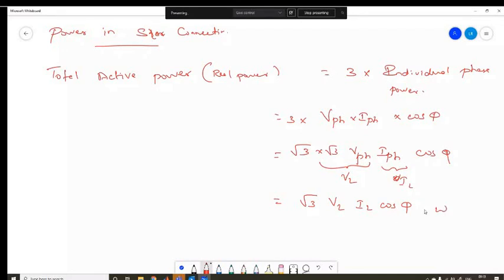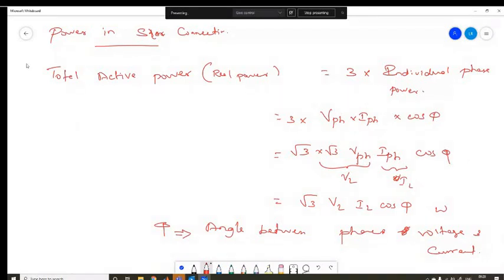So if you want to write it in kilowatts, it should be multiplied by 10 to the power minus 3 kilowatt. So phi in this case, it is the angle between your phase voltage and current, or the angle between line voltage and current.